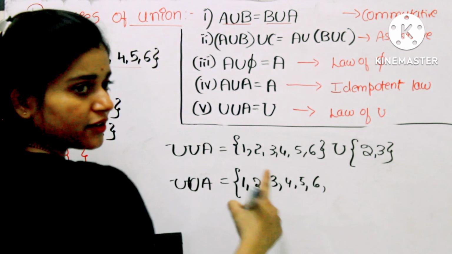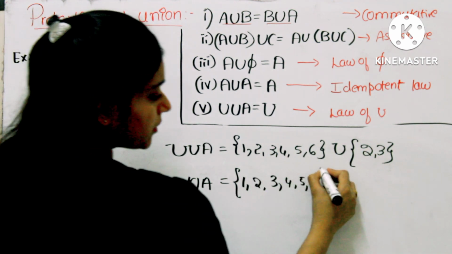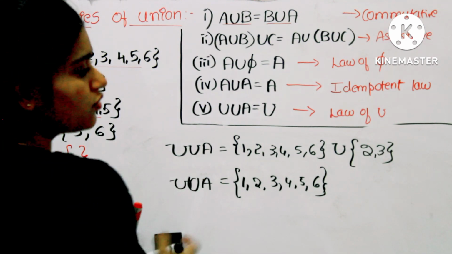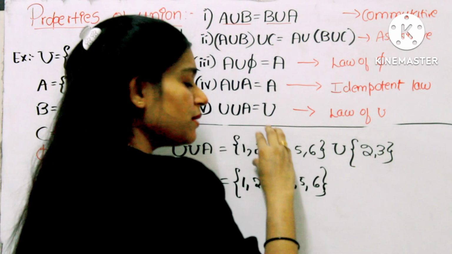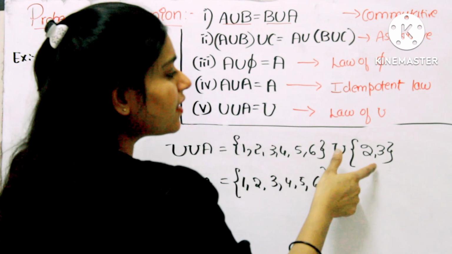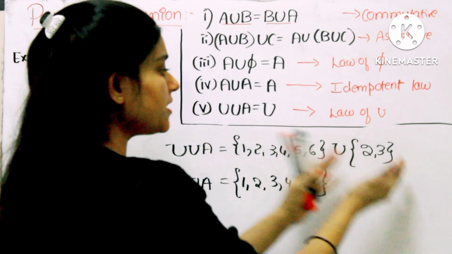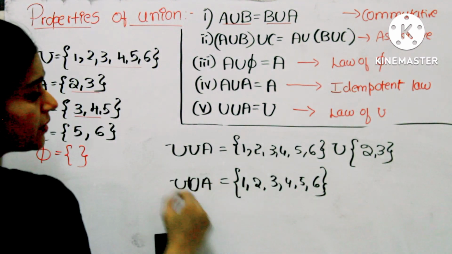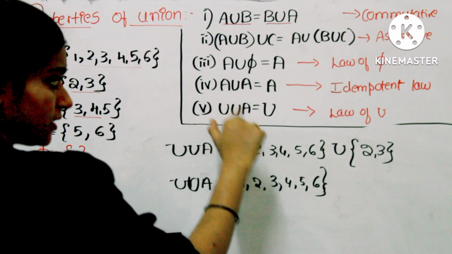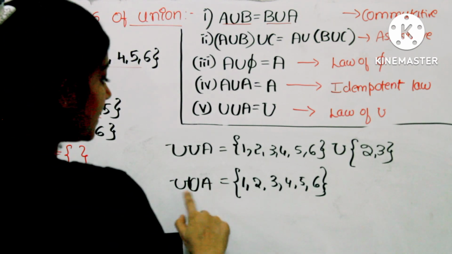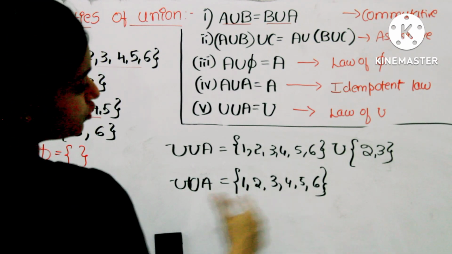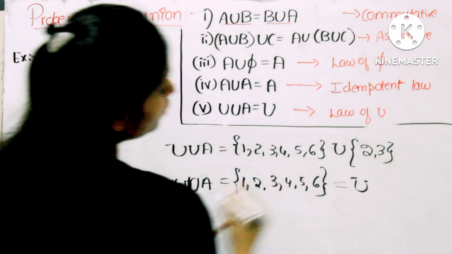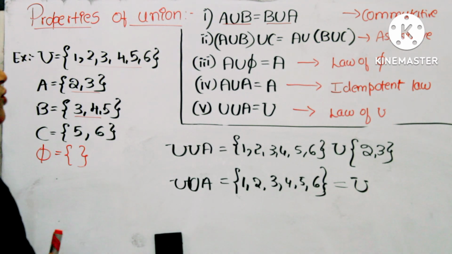Then 2 is already repeated, no need of writing. 3 also already repeated, no need of writing. See, A is a subset of this, correct? So you know that a subset always contains elements of the universal set only. This means these elements are already in the universal set. So universal set union A is always the universal set itself. So here 1, 2, 3, 4, 5, 6 is equal to the universal set, which is equal to U. So this is the law of universal set.